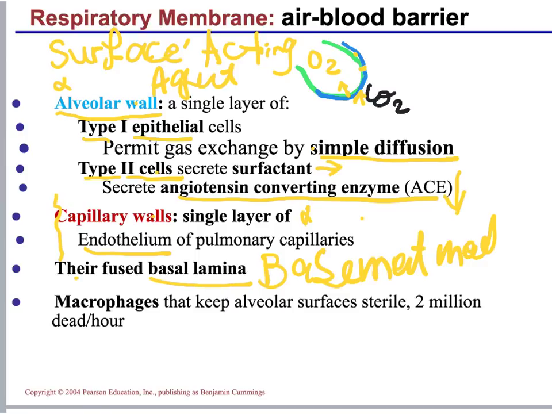Now, in between these cells, we also have little macrophages that maintain a nice, clean air content within the alveolar sacs. About 2 million of these cells die per hour, so these macrophages are really busy. If we live in an environment which is really polluted, that adds to their load.